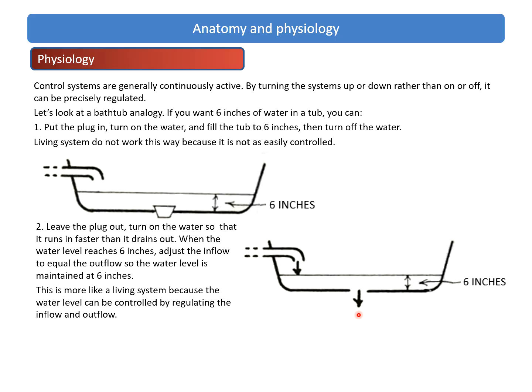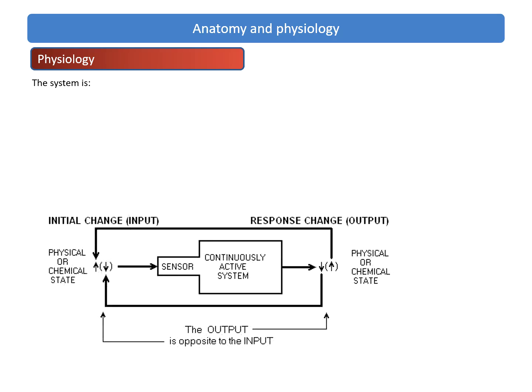This is more like a living system because the water level can be controlled by regulating the inflow and the outflow. To change the water level, increase or decrease the inflow, that is the input, or the outflow, that is the output. The system is continuously active.